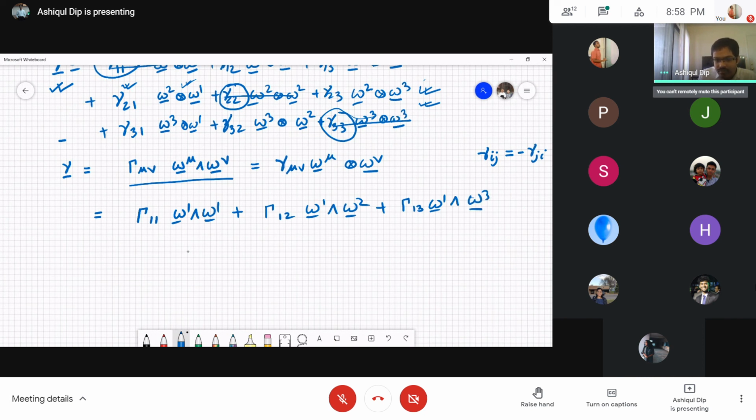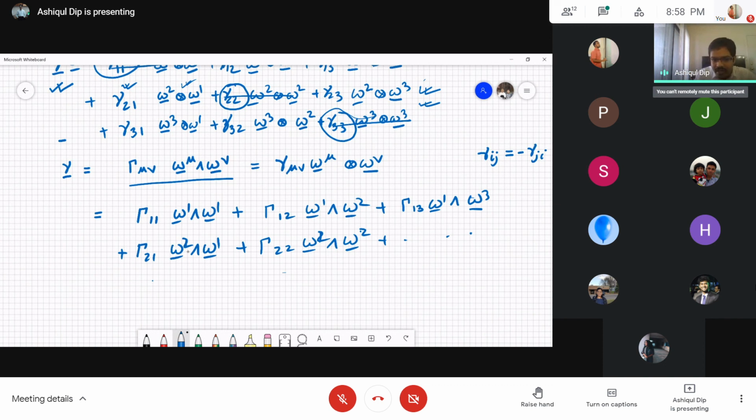Then plus gamma 2 1 omega 2 wedge omega 1 plus gamma 2 2 omega 2 wedge omega 2 plus, actually let's not write everything, we know what's going to happen.